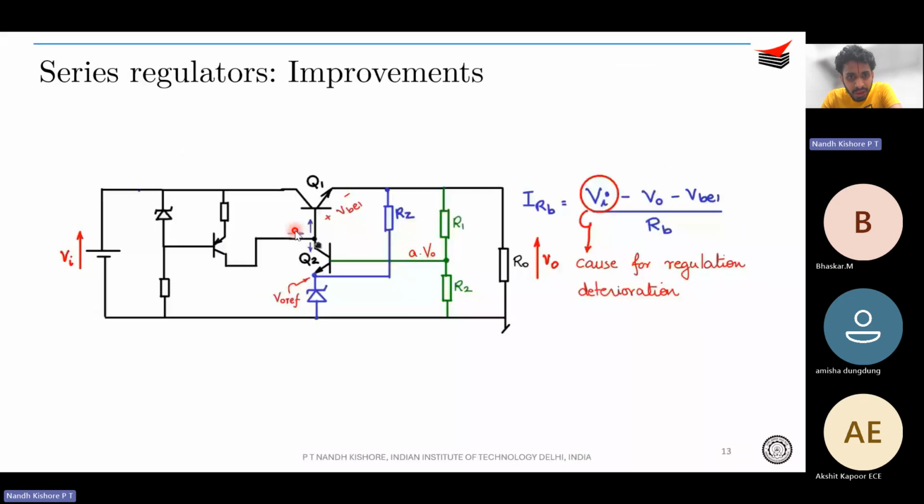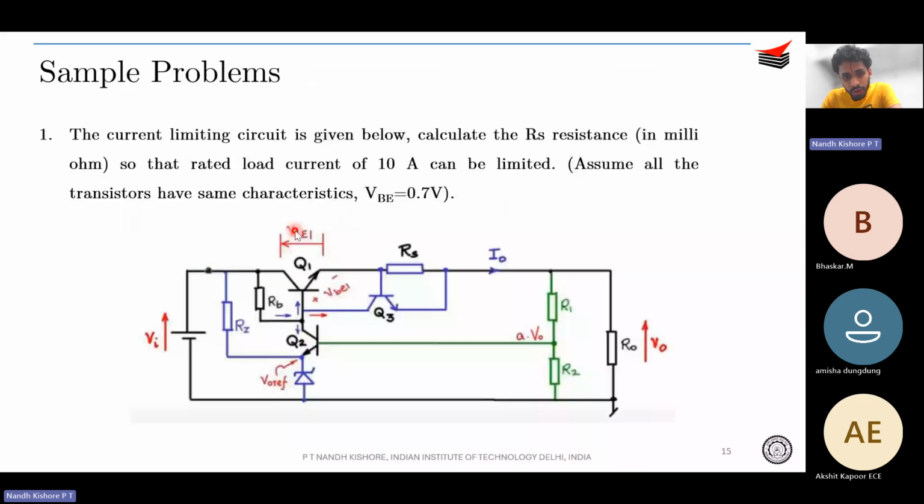Okay. So with that as the motivation, hope you understand what we are doing. They have given VBE is equal to 0.7 volt. And rated load current is 10 ampere. So 10 ampere flows over here. So what is the RS resistance that you need to put so that rated load current of 10 ampere can be limited? So up to 10 ampere, it can flow through this RS, right? So how do you do that?